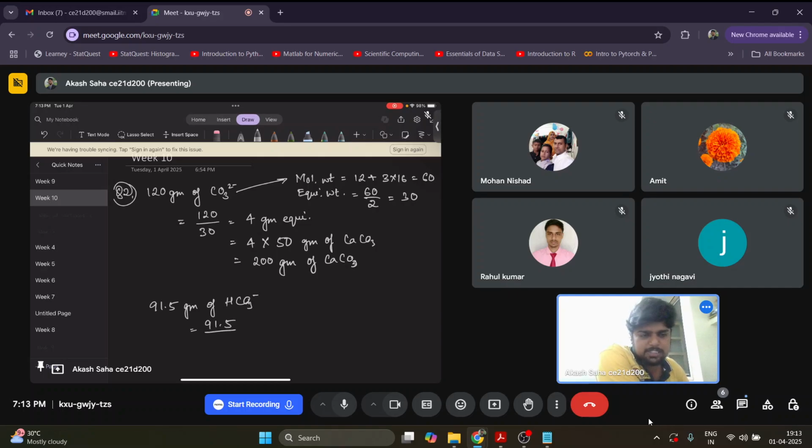The equivalent weight will also be 61 because the charge is minus 1. So that's why it is 1.5 gram equivalents. Then 1.5 into 50 gram of CaCO3. Now it will become 75 gram of CaCO3.